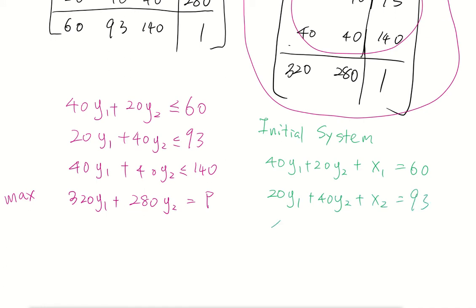The third one, 40y1 plus 40y2, adding the third slack variable x3 equals 140. And the last one is negative 320y1 minus 280y2 plus p equals 0.